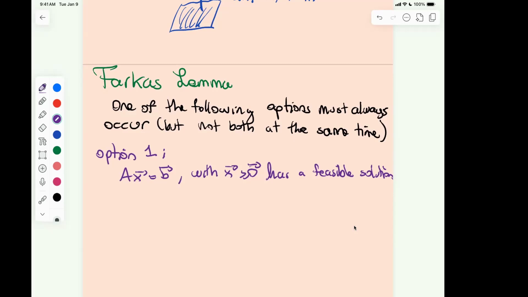So what does that mean? This is exactly what we have been discussing so far. B is a linear combination of the columns, but the condition that the coefficients are non-negative says that B has to be in the cone. So option one is just saying that B is in the cone made out of the columns of A.